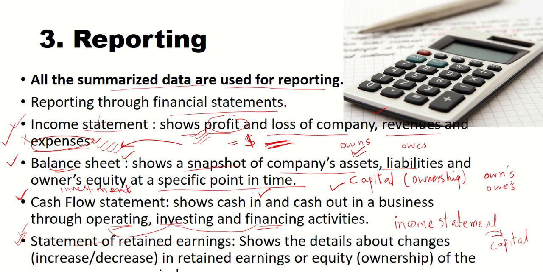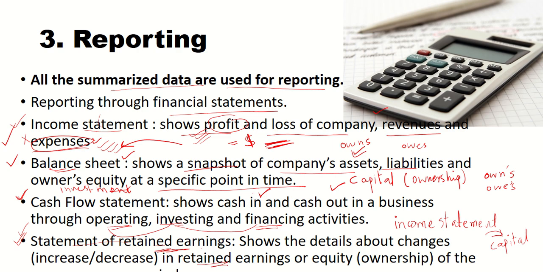Retained earnings are basically the residual amount of the business that is considered as a profit of the business. When you add it into the capital, your capital increases. When you decrease it, the capital decreases. So increase or decrease is happening with the retained earnings.